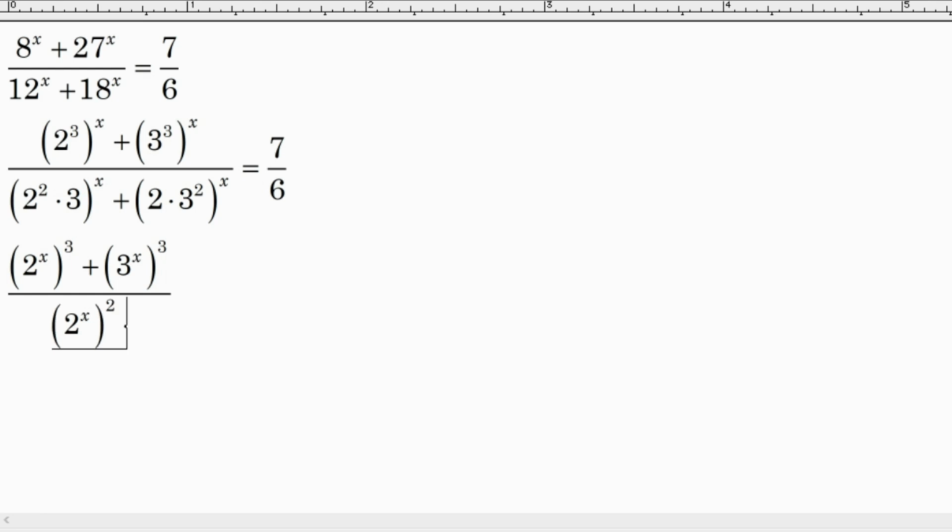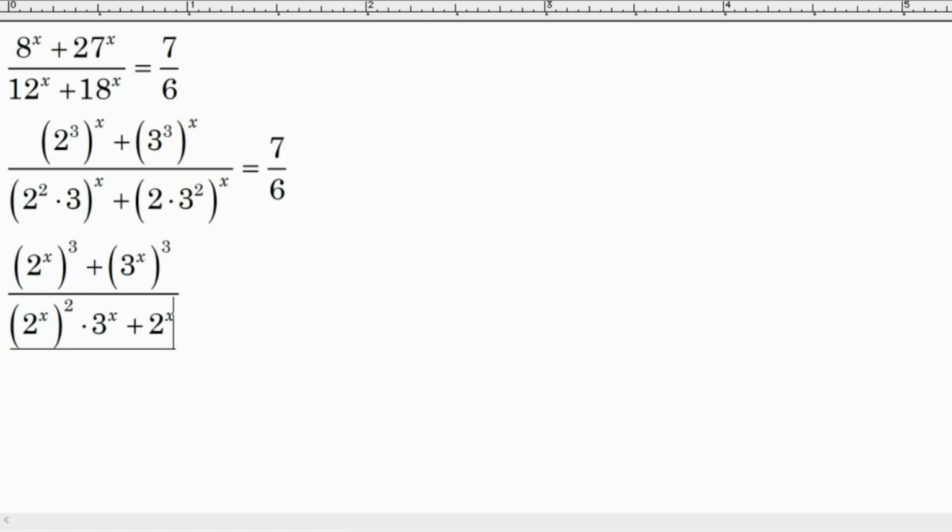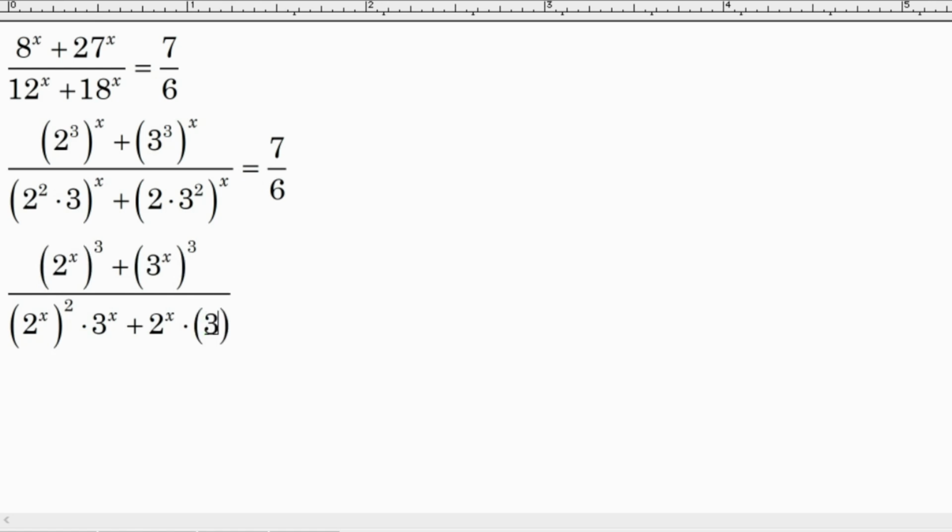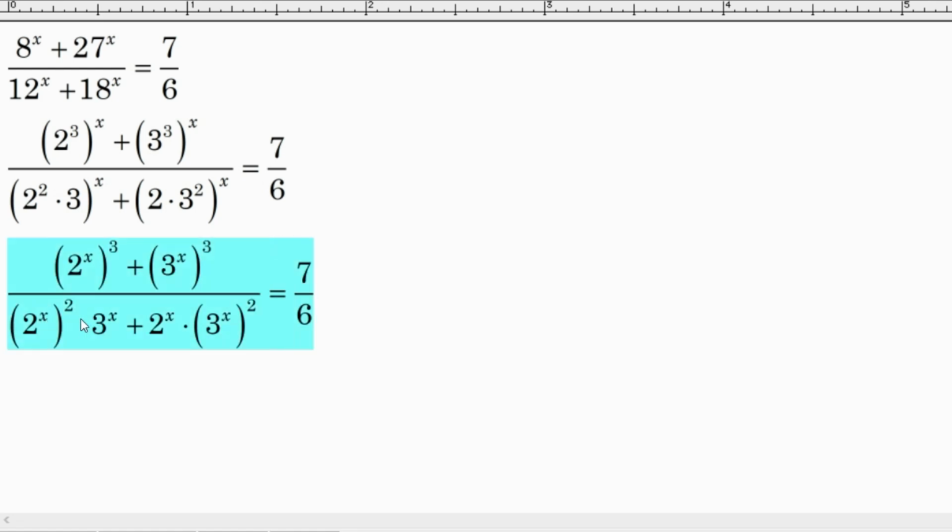Plus, here we can also write 2 to the power x times 3 to the power x, and then raised to the square, because we have 3 squared here, and then all equal to 7 divided by 6. Okay, so now we have reached this step.